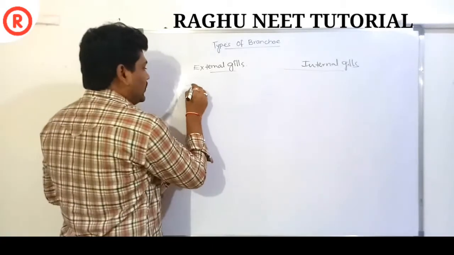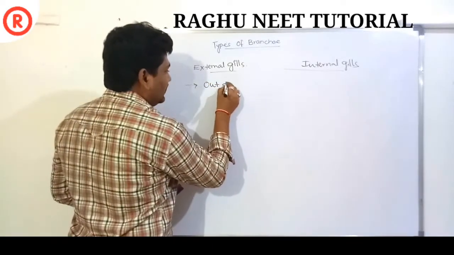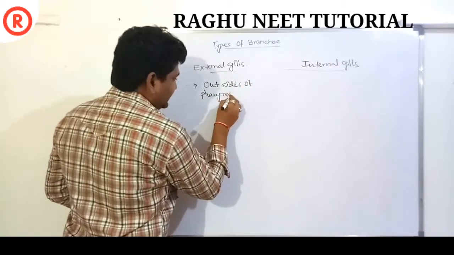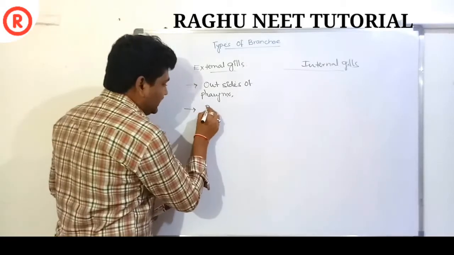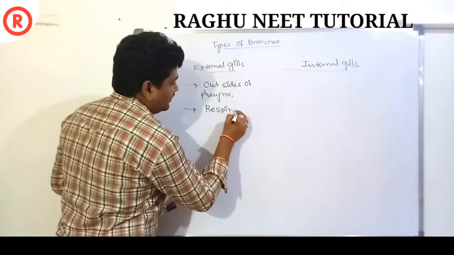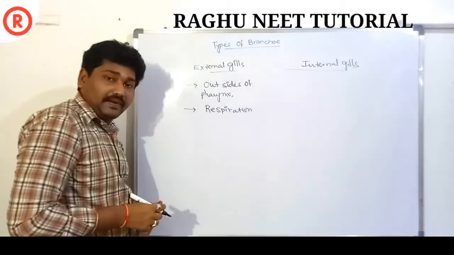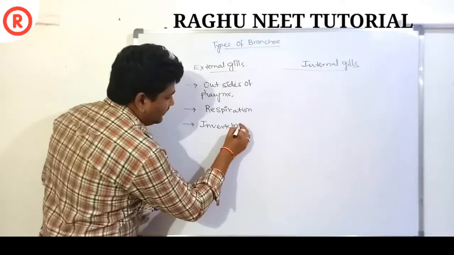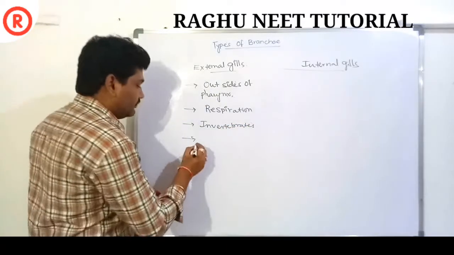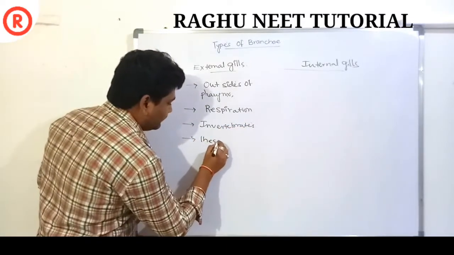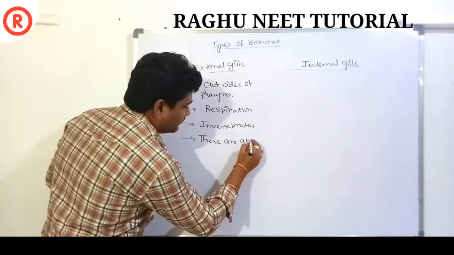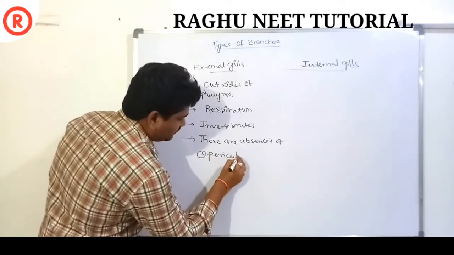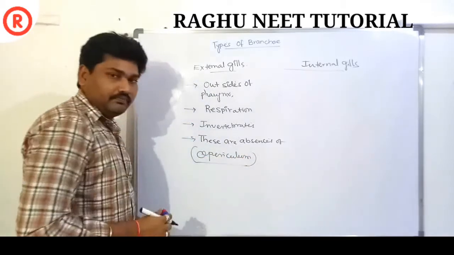Where are they located? These are located on the outside of the body, outside of the pharynx. It is majorly useful for respiration. This type of gills is present in primitive individuals, invertebrates. External gills are without operculum.